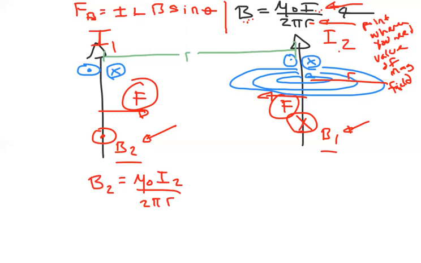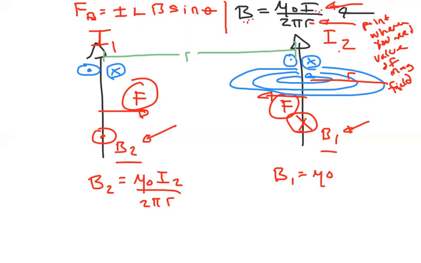Okay, so then what is going to be B1? I mean, it's pretty obvious, but. Yep, just use I1. I guess I should have asked that better. But yes, that's what I'm looking for. Yep, good job.